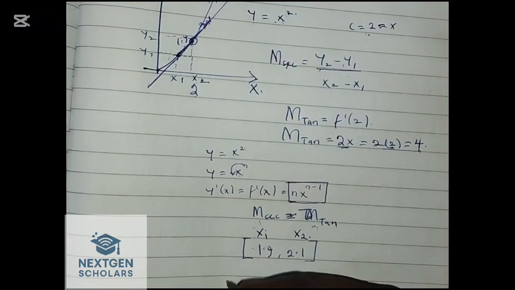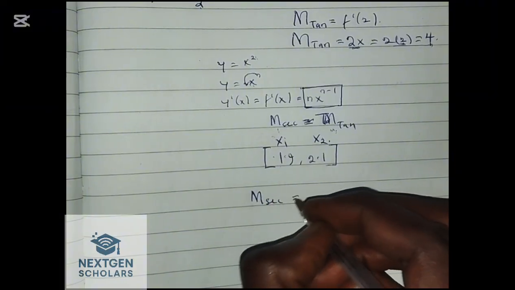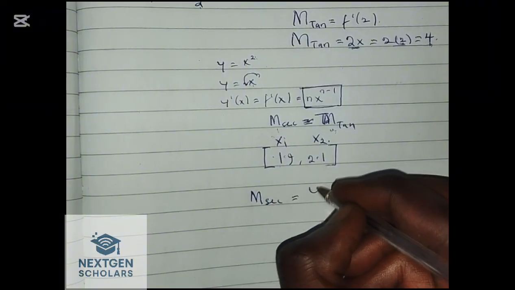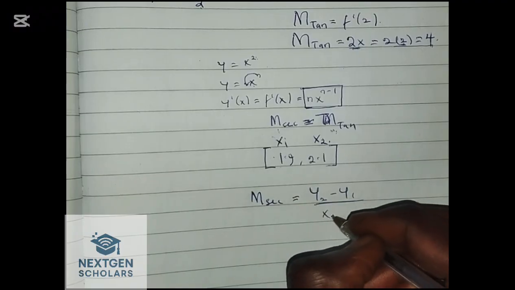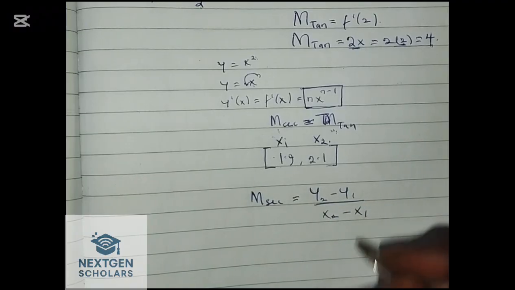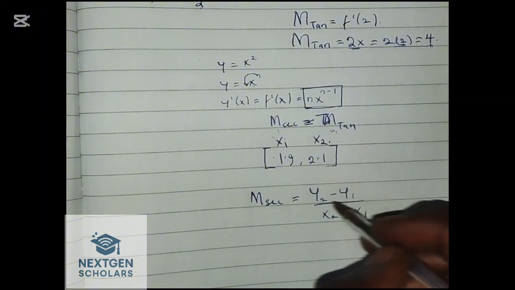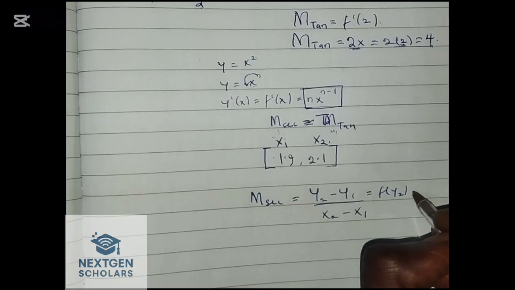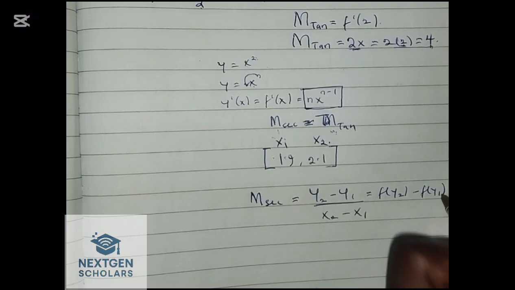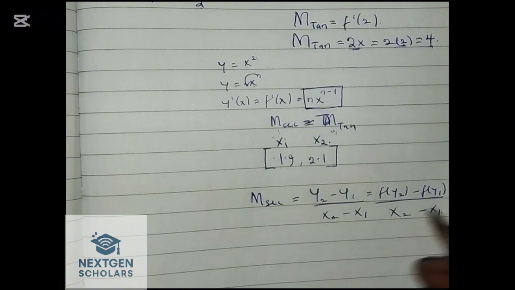To use this to approximate, your m sec will be equal to the formula y2 minus y1 all over x2 minus x1. Now your y2 becomes f of x2 and y1 becomes f of x1, all over x2 minus x1.